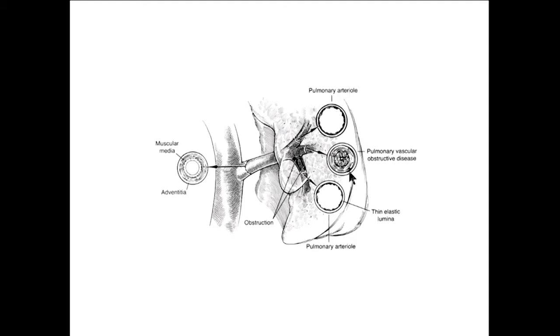In unobstructed MAPCAs, the changes of pulmonary vascular obstructive disease are mostly due to increased pressure and blood flow. In obstructed MAPCAs, normal histologic anatomy is preserved with a thin elastic layer. However, we don't know the exact fate of MAPCAs, whether obstructed or not.